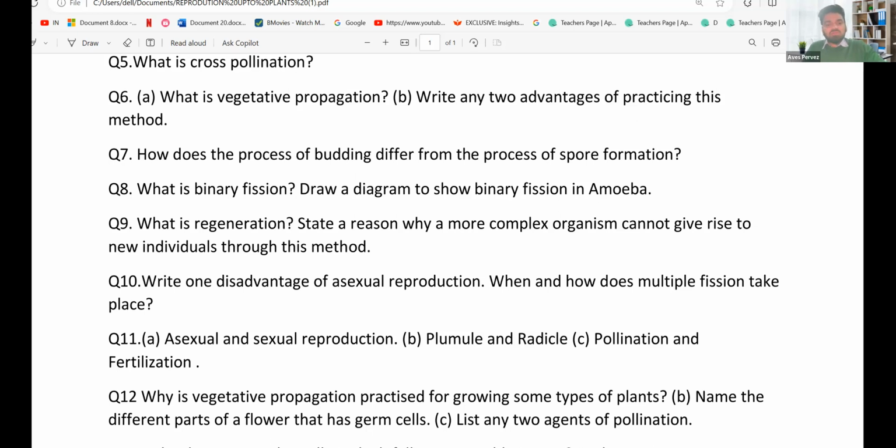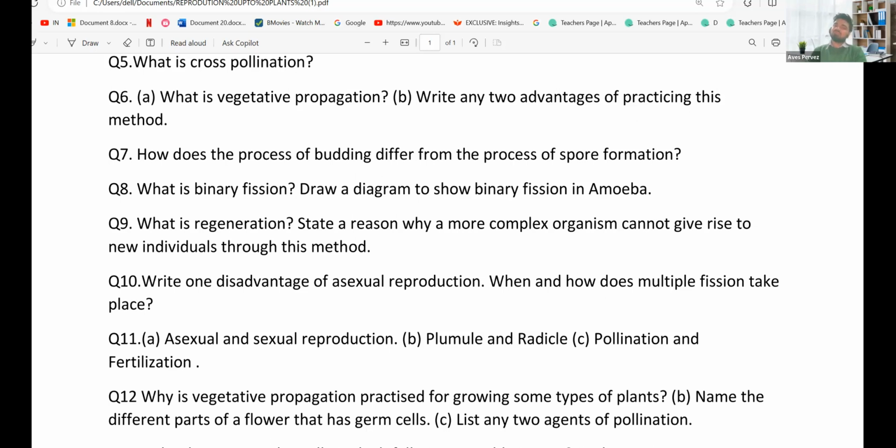So if I can see your performance, how you are performing right now. Can you give me the disadvantage of the asexual method of reproduction? Yes, Ridwan. In asexual reproduction, the offspring is a total copy of the parent cell.